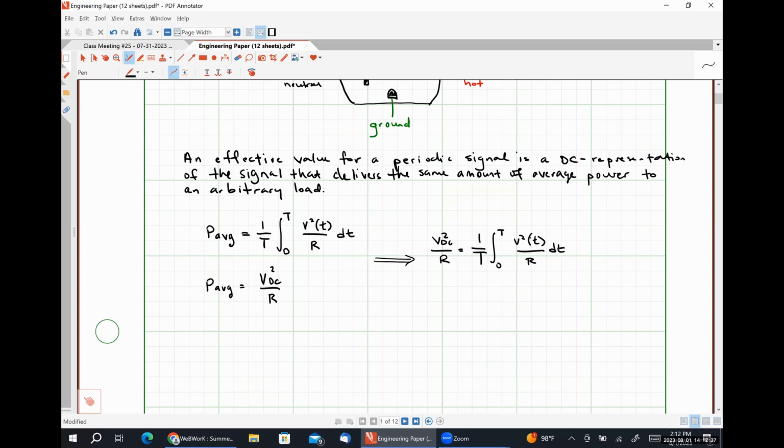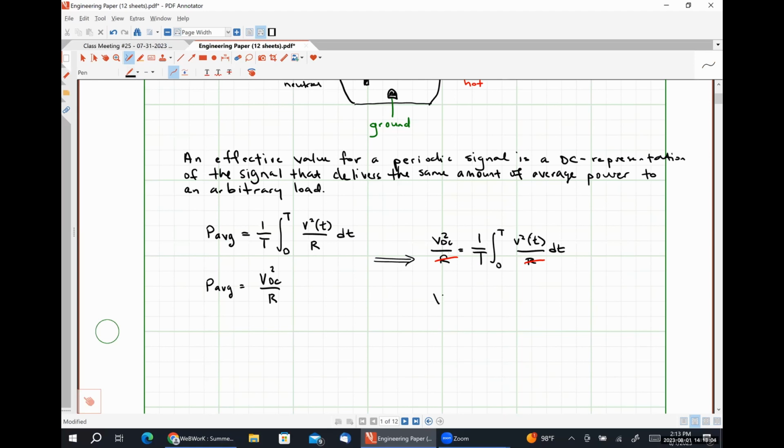One thing I can notice is that both sides have a factor of 1 over R, and since the resistance doesn't change, this bit cancels out. So the value of the resistance that is absorbing the power is not necessary. Now to get VDC, I simply need to take the square root of both sides.